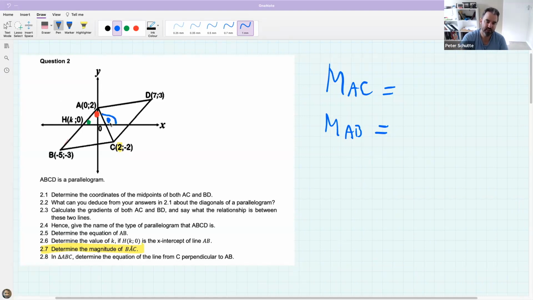What formula, if you think back to the last lesson, am I going to use to find these angles? What do I need? This is important. Which formula am I going to use here?